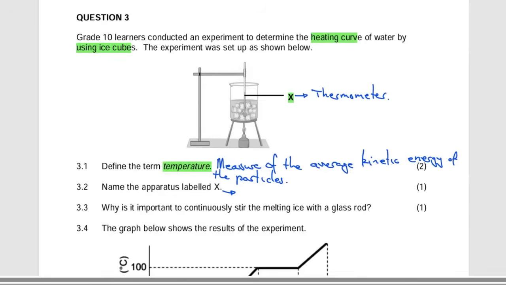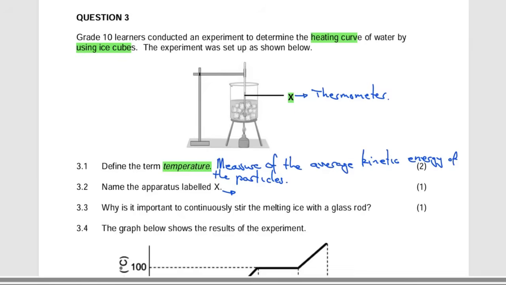Then, why is it important to continuously stir the melting ice with a glass rod? We have this thermometer at the top, and they are asking why we should keep stirring.